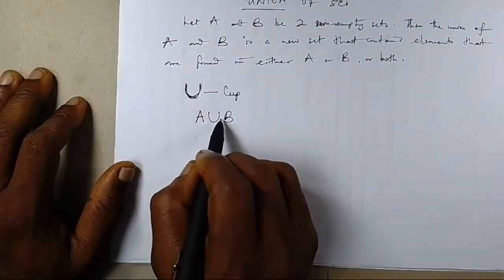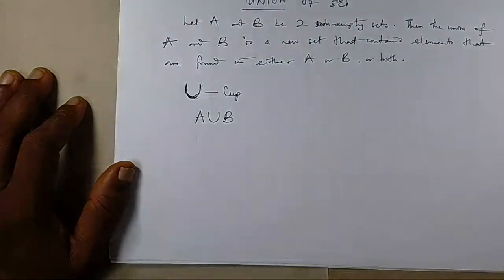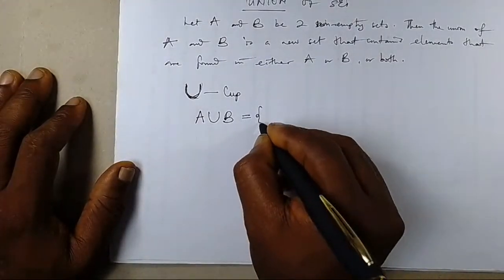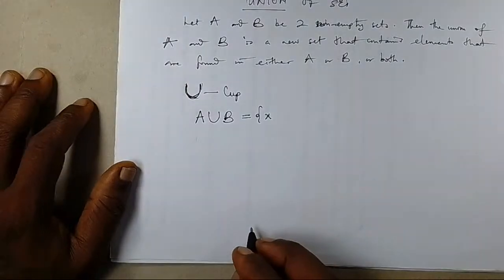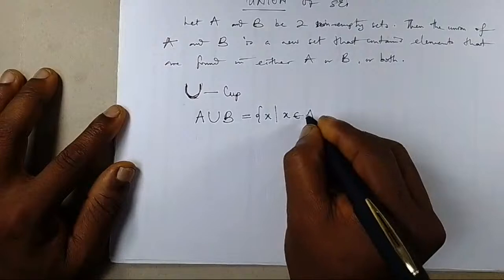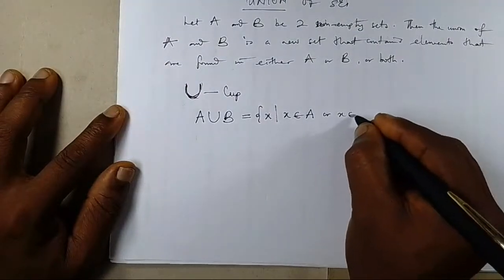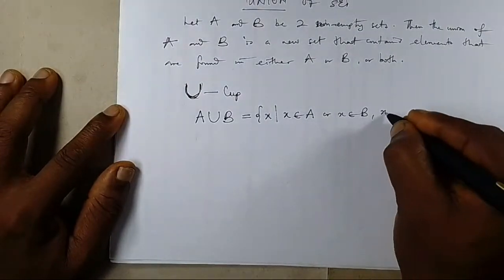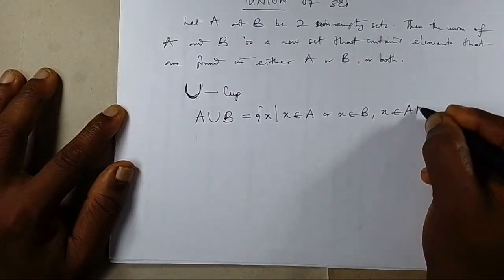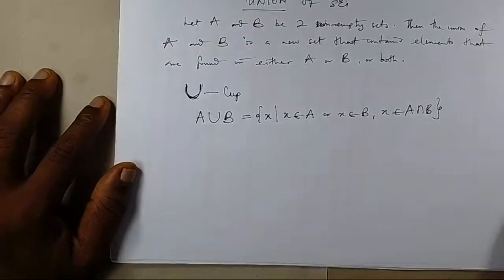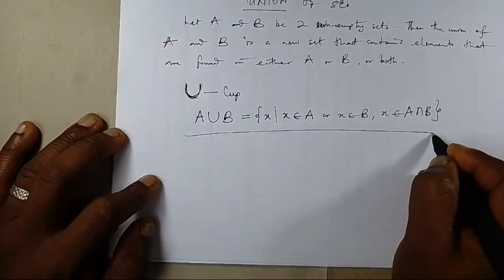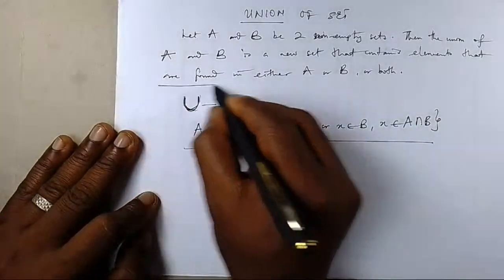Now, A cup B will mean A union B. A union B is defined as the set of all elements X such that X is a member of A, or X is a member of B, or X is a member of A intersection B. So this is me writing mathematically what I have just said.